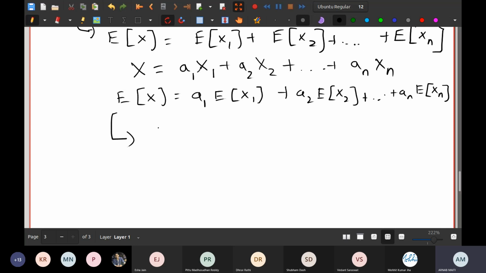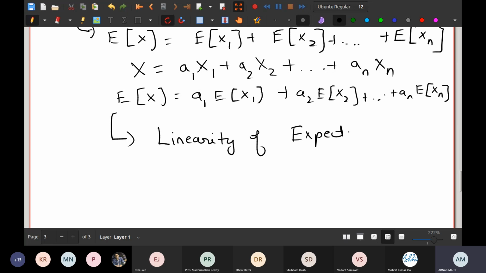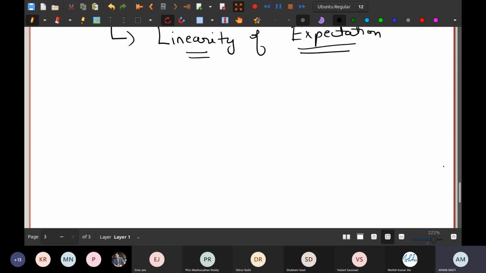This is called linearity of expectation, and this has huge application. Even if some of you are interested in coding, this concept arises there also. This will be one of the key properties which we'll be using to solve our problem.